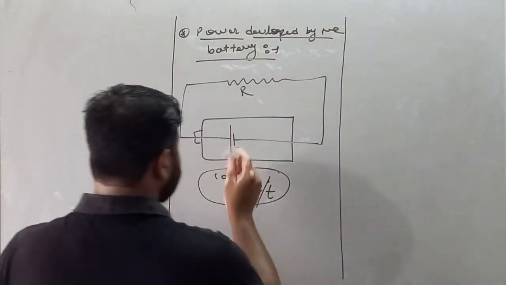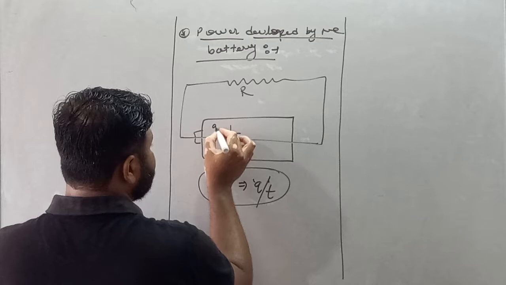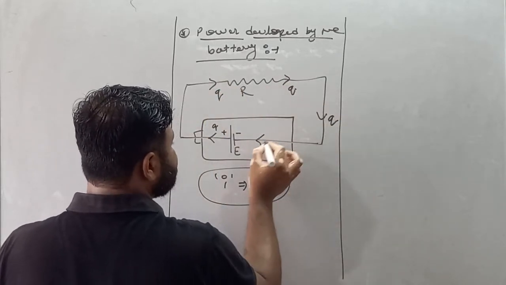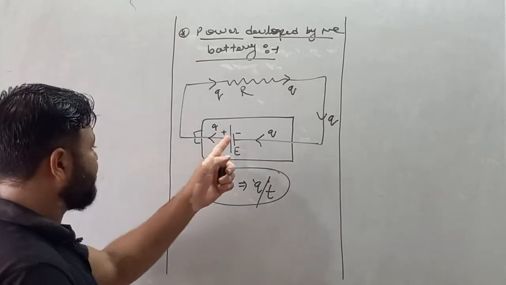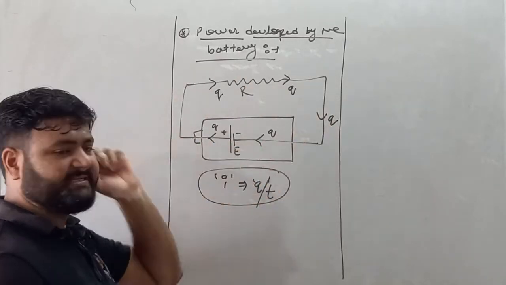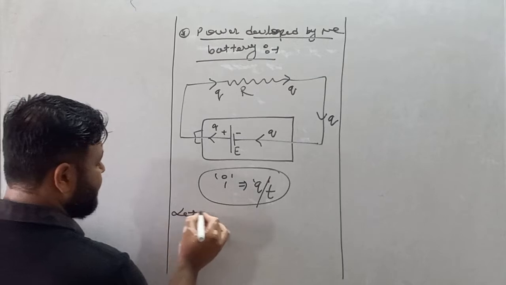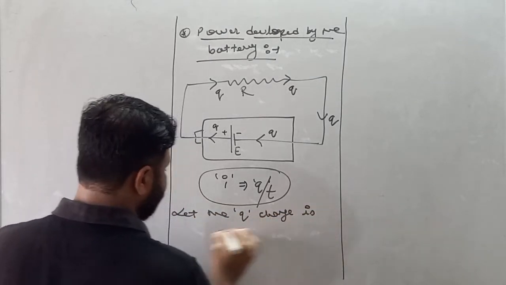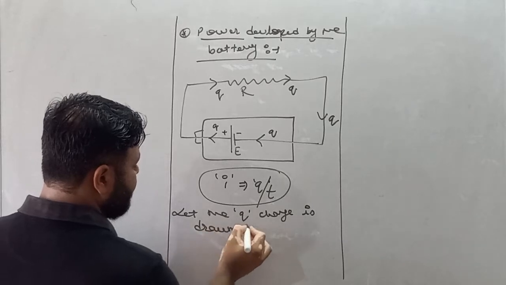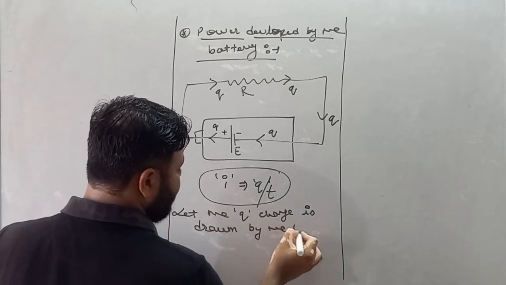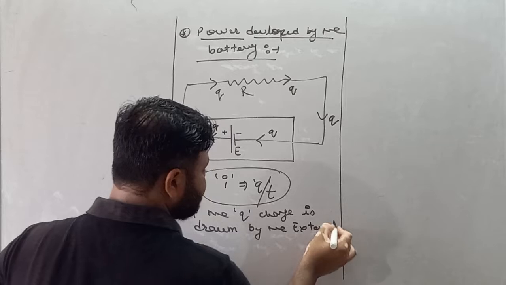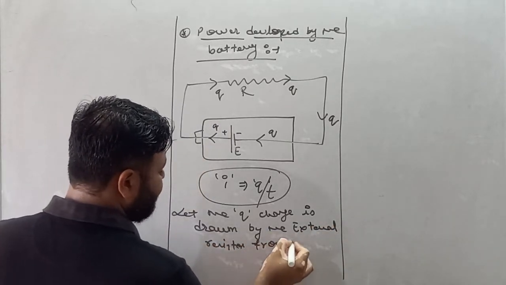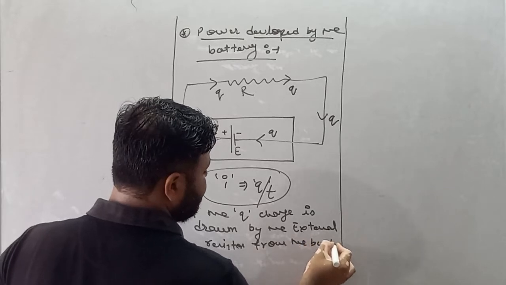So let's suppose Q charge is drawn from the battery. We know that charge always flows from higher potential to lower potential, that is from the positive terminal to the negative terminal. I am writing here, let Q charge be drawn by the external resistor from the battery.